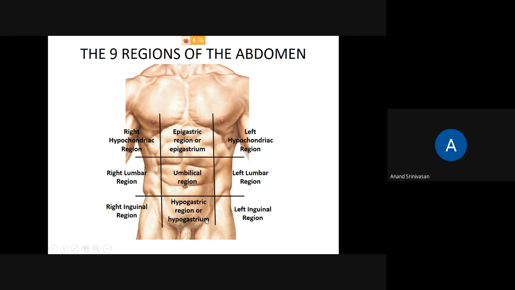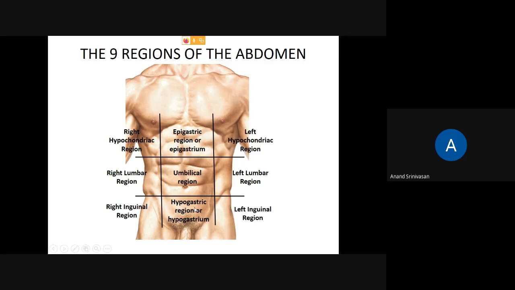And in the hypogastric region. Why is it called hypo? It is below the stomach. If the pain is situated here, what are the organs which are located here? Usually the urinary bladder and the ureters.